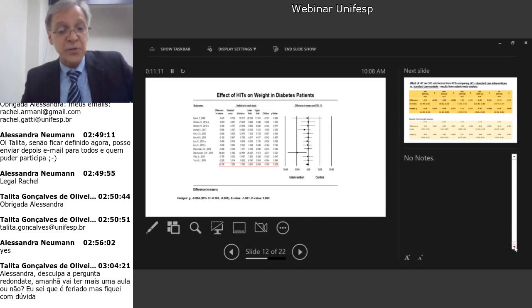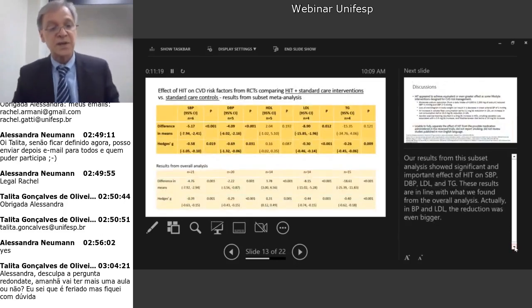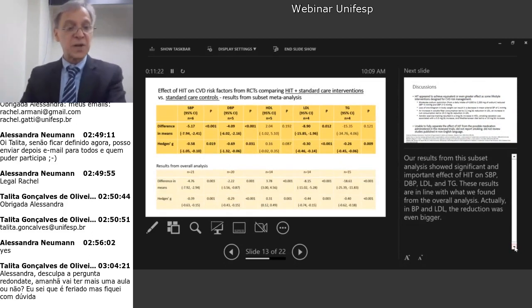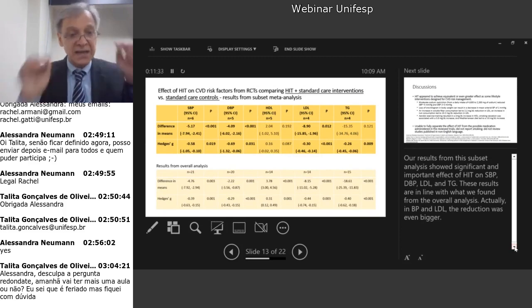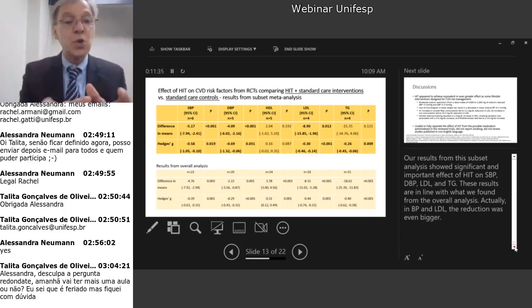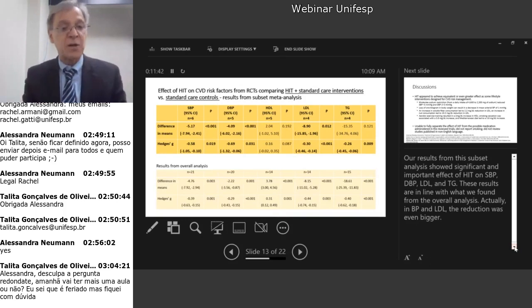Okay, so that's a graphic representation. You know, always present the adjusted value, but eventually in the paper you can see crude values too. Here's the same representation summarized in tables. You have the difference in means and the Hedges' g from the analysis overall at the bottom, and this one is a special sub-analysis, a sensitivity analysis in which I separated out the standard care controls versus those where it's HIT plus standard care control.